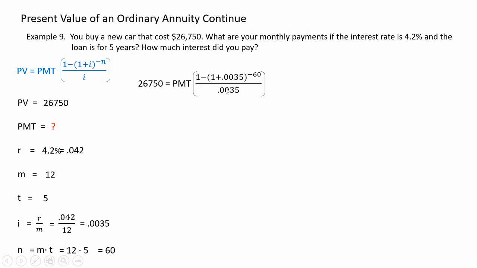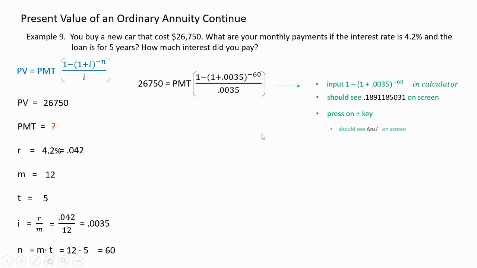Now let me show you how to do it with a TI-83, TI-84 calculator. First, you're going to enter 1, which is the numerator: 1 minus open parenthesis 1 plus 0.0035 close parenthesis to the negative 60. Once you enter that, you should see something like 0.1891185031 on the screen. Then you press the division key, because you're going to be dividing by 0.0035.